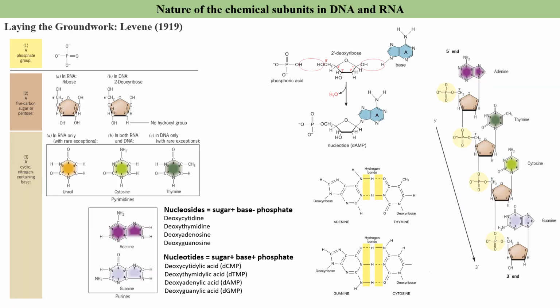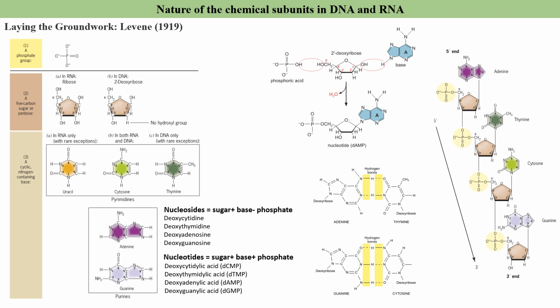But first things first, the nature of the chemical subunits in DNA and RNA. Because if we don't know this, then we won't be able to understand the structure of DNA. So DNA is basically made up of three parts, that is phosphate group, ribose sugar with a hydrogen, that is no hydroxyl group, on the second carbon of the sugar.